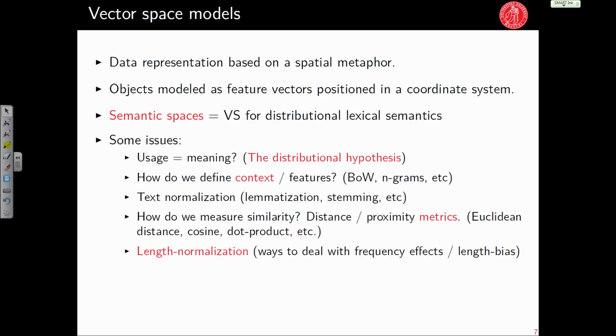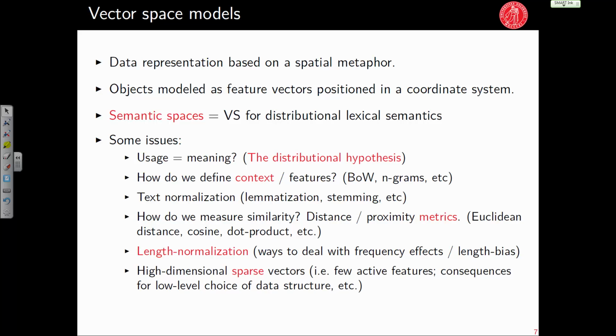In conjunction with the Euclidean distance, we looked at how the frequency actually affects the measure itself. So there will be a length bias or a frequency bias for very frequent words. To solve this problem, we introduced the concept of length normalization, which transforms all vectors in the space into the unit vector.